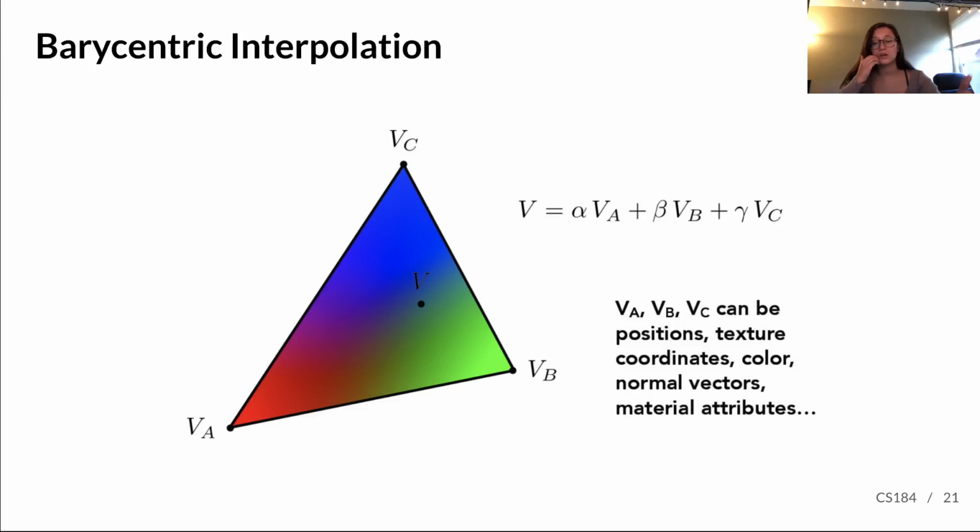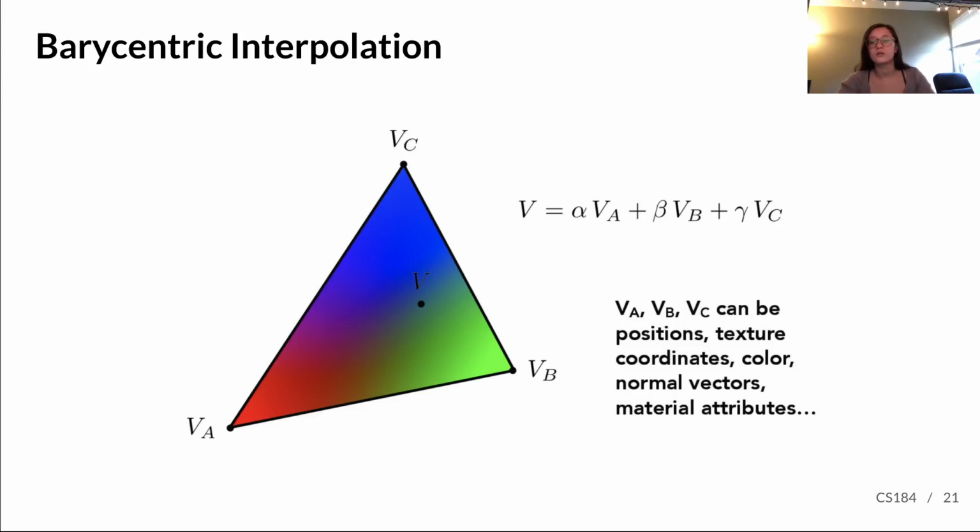So here at this triangle, we've defined that vertex A should be the color red, vertex C is blue, vertex B is green, and then we use our barycentric interpolation in order to determine the color of the points that are within this triangle. So you can imagine this is very handy since we no longer have to explicitly define the color of every single point in this triangle, and we have a continuous way to determine the color for the space between this triangle.